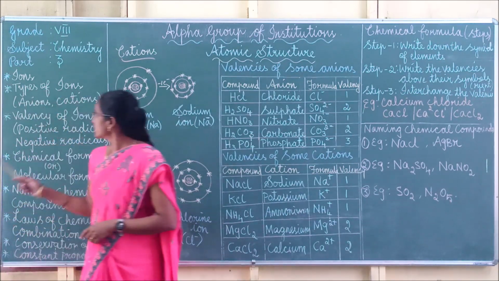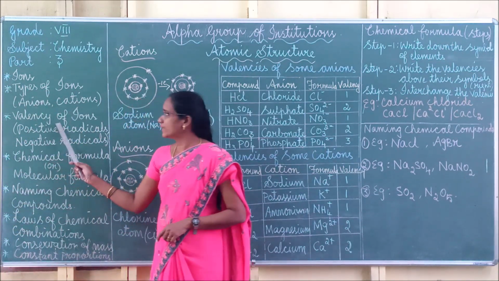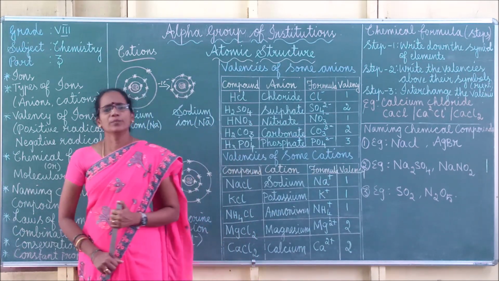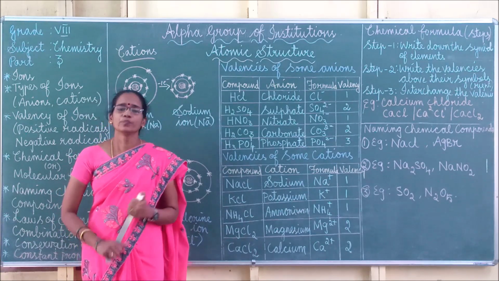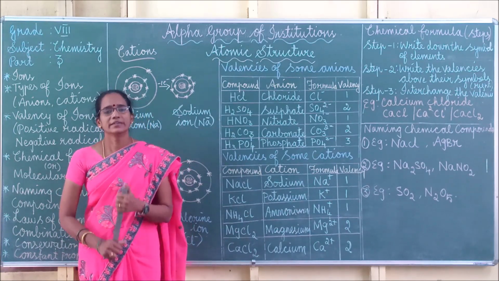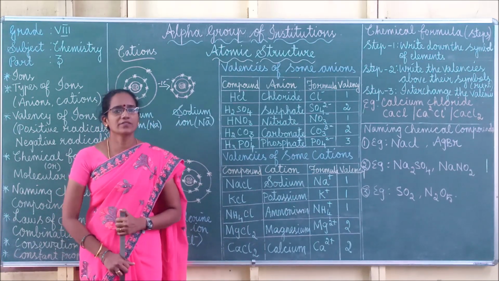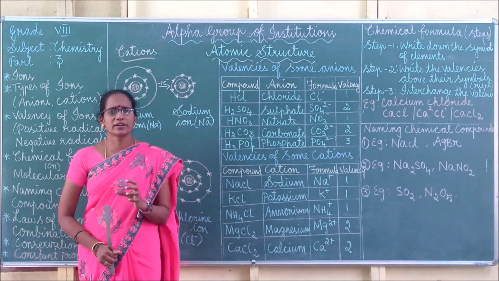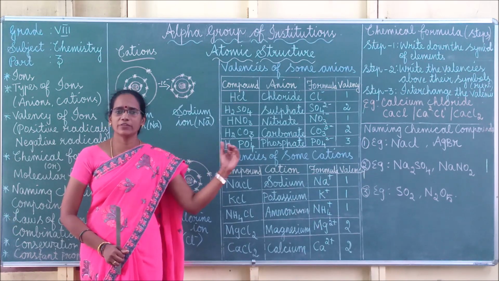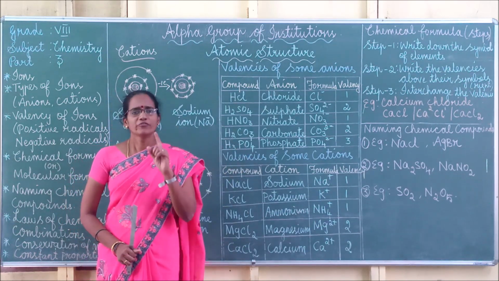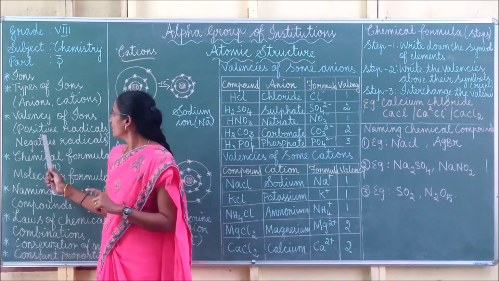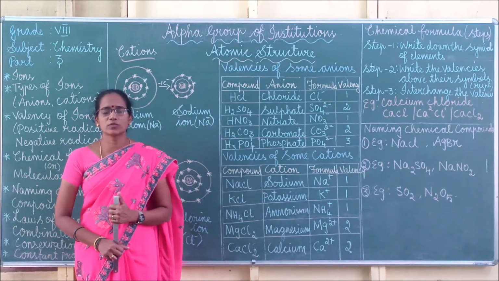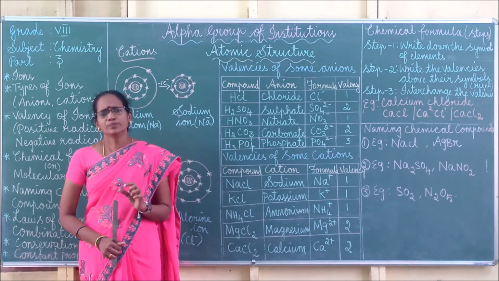Good. What is the next one? Next one, valency of ions. Ions can be classified into monovalent ion, divalent ion, trivalent ion, tetravalent ion, like that, based on the number 1, 2, 3, 4, like that. First, let me discuss the positive radicals as well as the negative radicals.